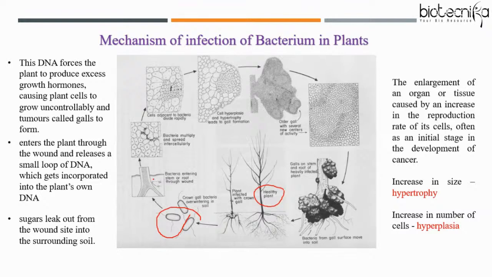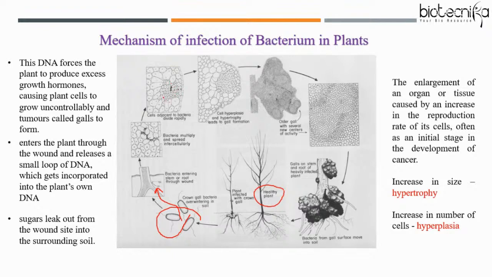Whenever there is a wound or injury to the plant, this bacteria will enter inside the plant through that cut or injured portion. Once they gain access inside the plant, they will start multiplying and spreading from one location to another.